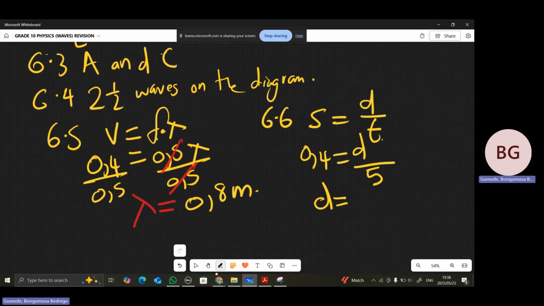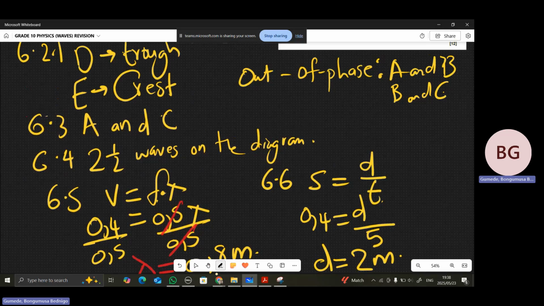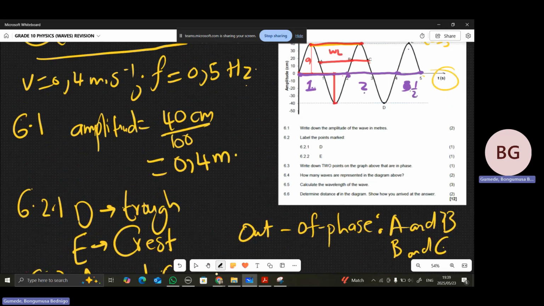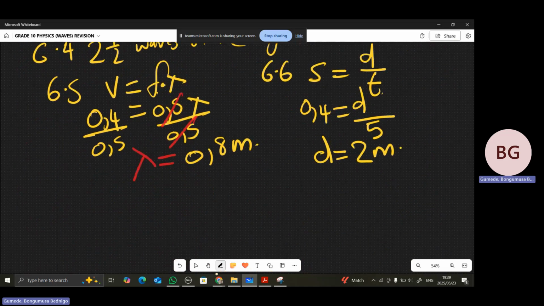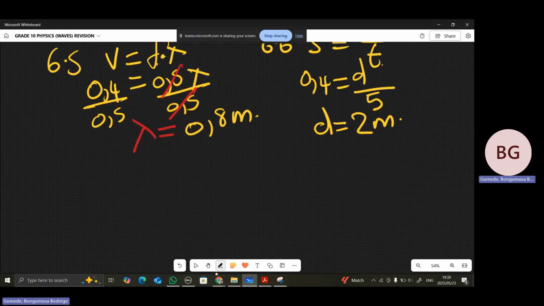You can see that it has covered a distance of 2 meters. Let me confirm the time. Yes, the time is 5. So it has covered a distance of 2 meters.